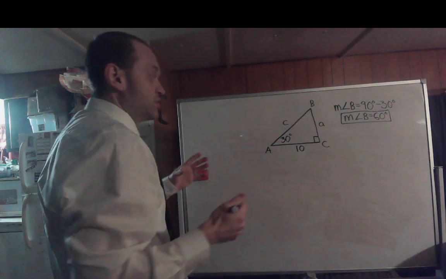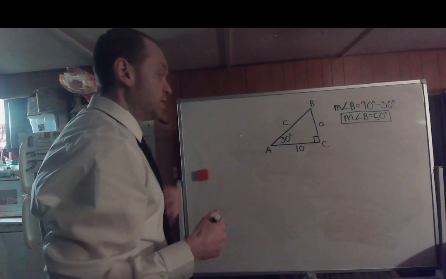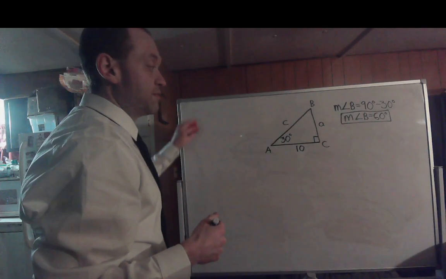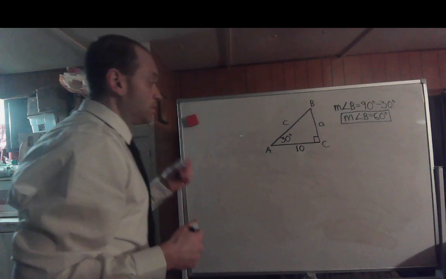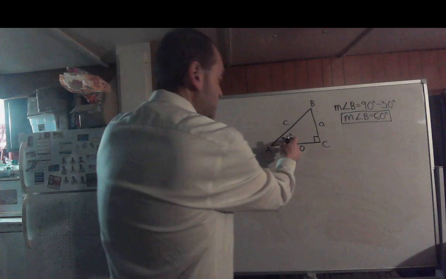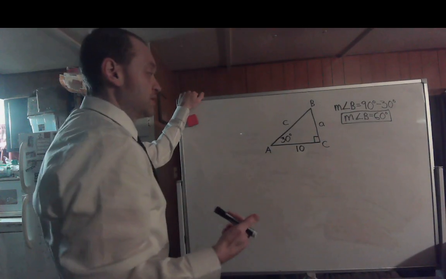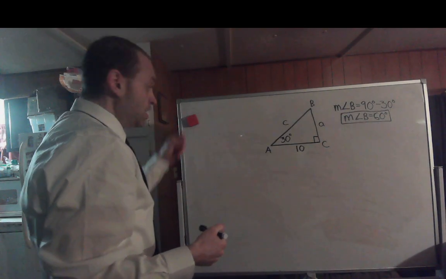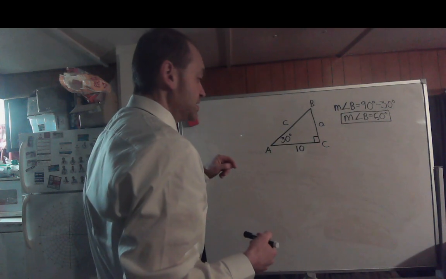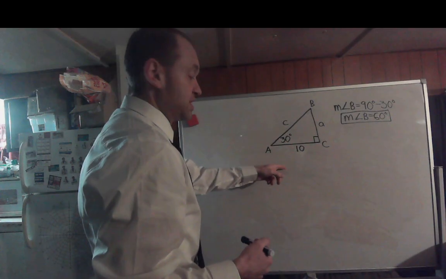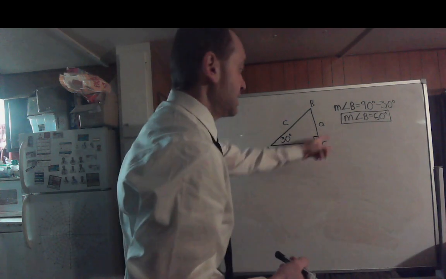Now we have to solve for the two missing sides. Well, we only know one side. I'm going to vote we go in alphabetical order. Well, we should probably work based on the original angle we were given. So we can solve for A quite easily, because if we look at the 30-degree angle, the tangent of 30 degrees is A over 10.